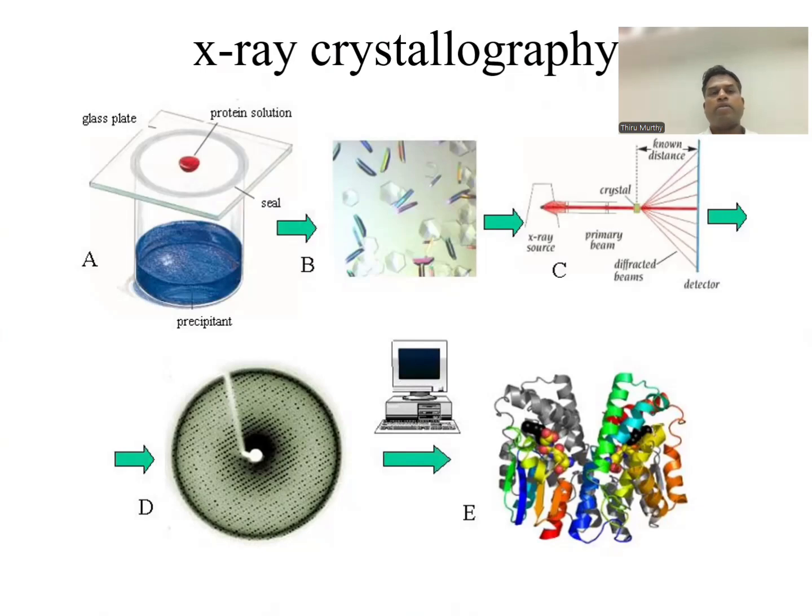So we'll have a basic introduction to how the X-ray crystallography method works. We get the isolated protein of interest in solution, and then this protein needs to grow into large crystals in which the atom positions are fixed in a repeated, ordered fashion.